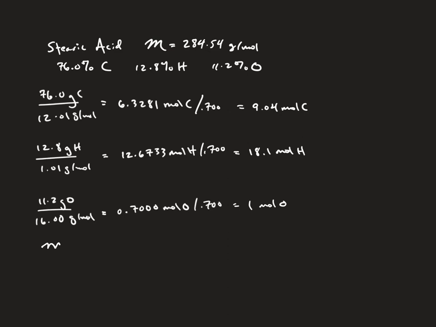So the molar mass of the empirical formula, we have 9 for the carbon times 12.01, plus 18 times the 1.01 for hydrogen, plus 1 for the oxygen times 16.00.